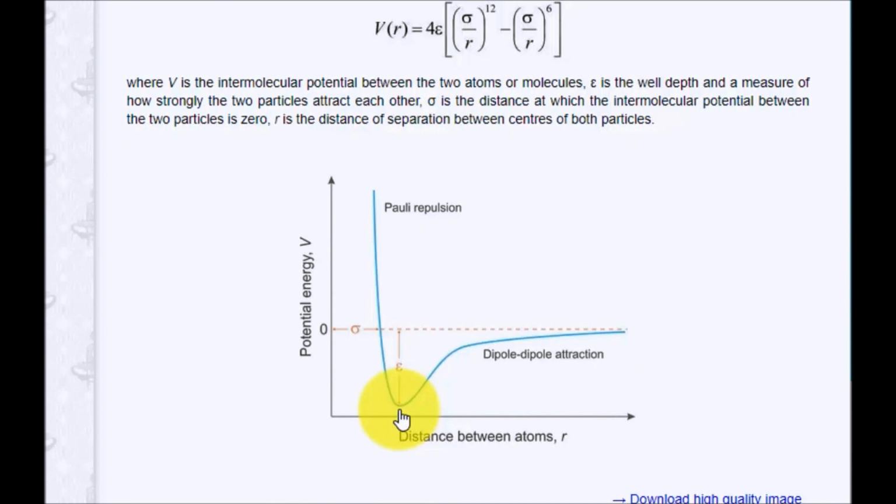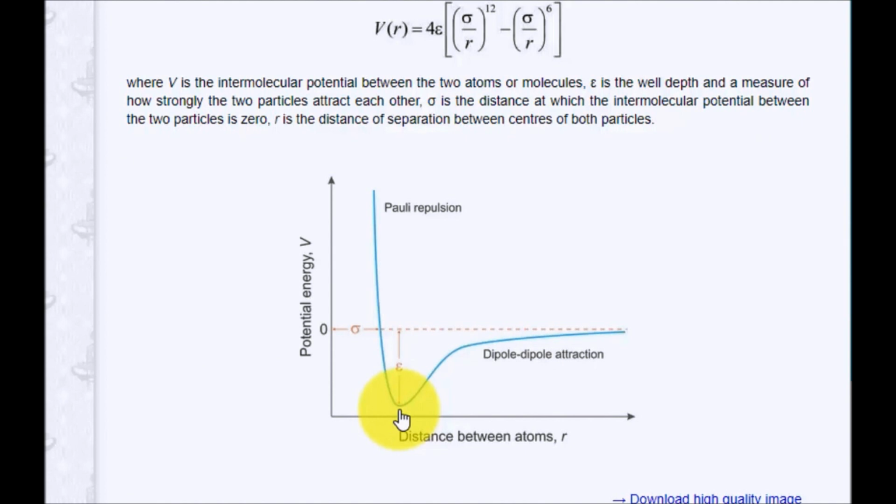But what's happening is, first of all, you have the positively charged nucleus with an attractive interaction with the negatively charged electron cloud of the other atom, and vice versa. But as you bring these atoms together, the electrons now begin to repel. Okay, so there's an opposing repulsive force.